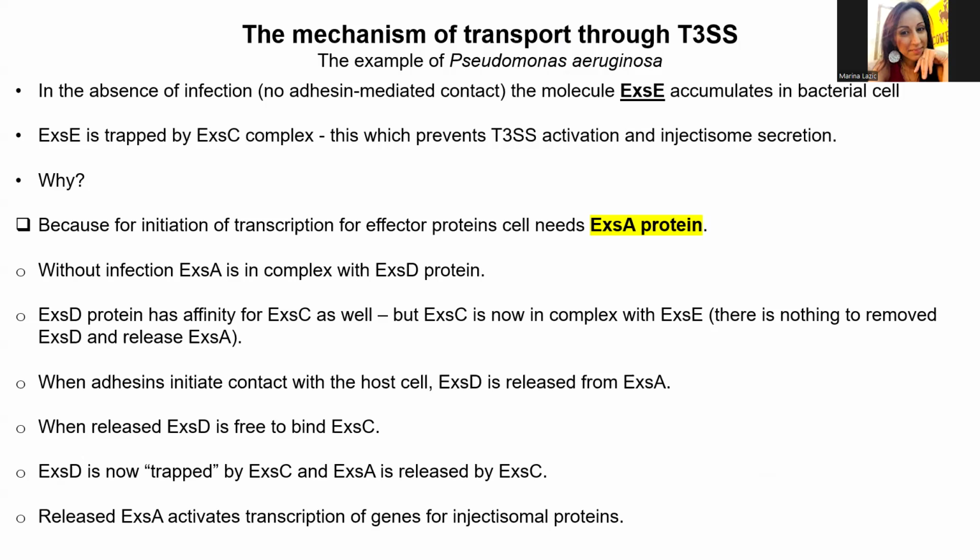So it's all about changing the patterns so everyone is happy. D and C can be together because they like each other, they have affinity. A is good to go and do its own transcription, so everyone is happy, everyone is busy except E. E was a bad guy. Does that make sense? That's how I memorized.